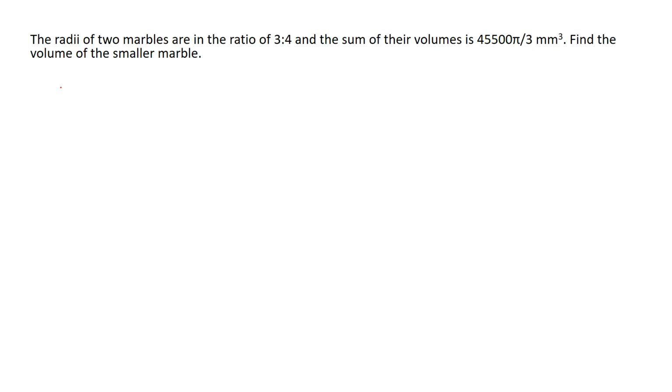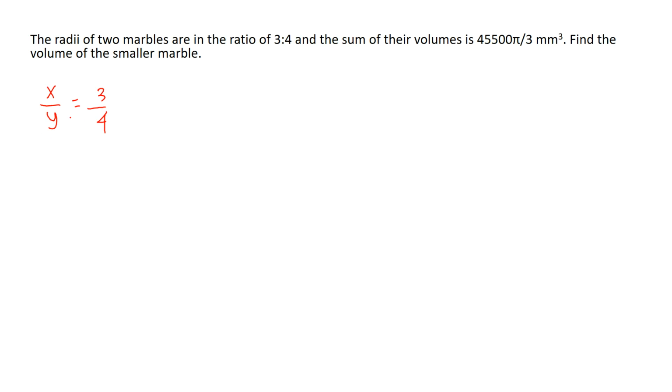So we know that the radii of the two marbles are in the ratio of 3:4. So let's say x over y equal to 3/4. Meaning to say, x is the radius of the first marble and y is the radius of the second marble.